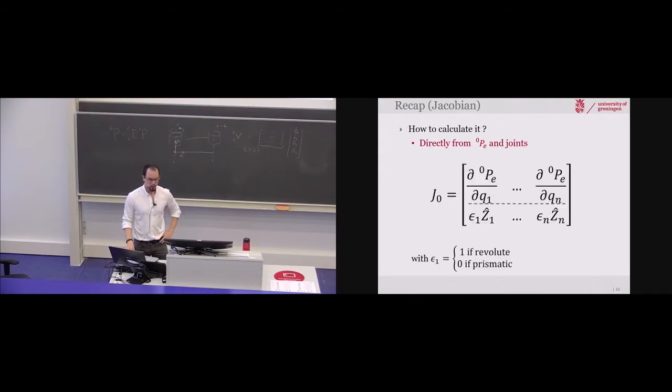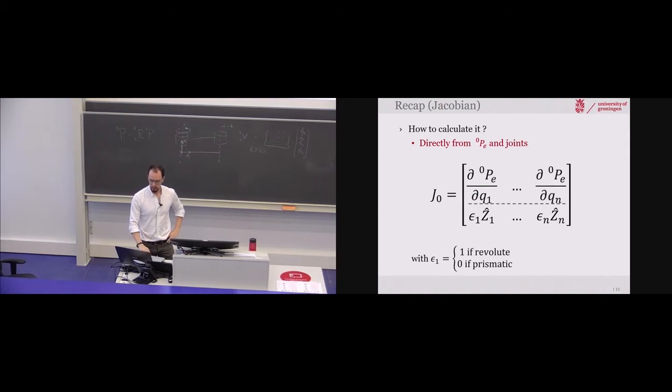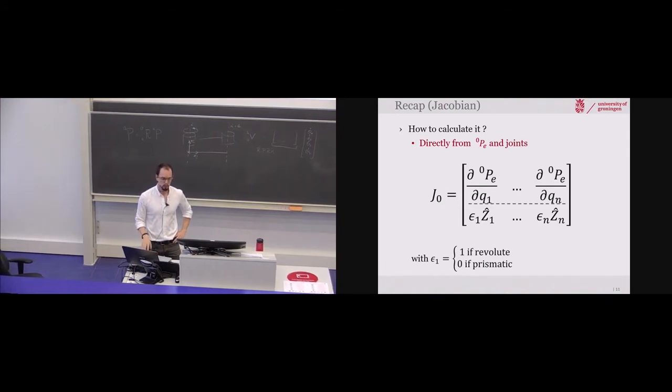Then another possibility that is probably the easier one is to compute it directly from the vector that connects the origin of the zero frame to the end effector. As you can see here in this relation, you just have to take the partial derivative of this vector with respect to the joint variables to compute the Jacobian associated to the linear velocity.